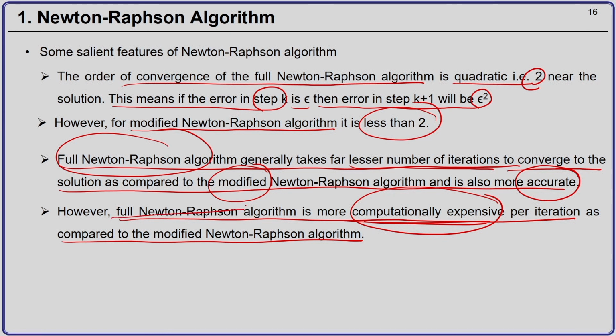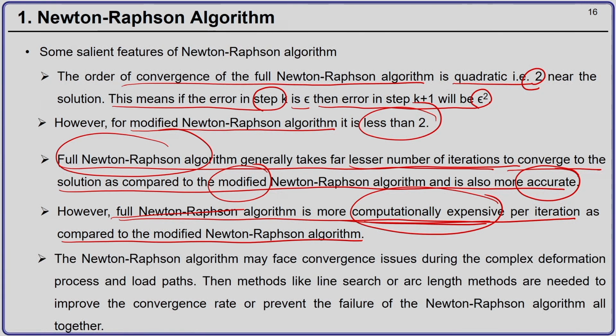So, there is always a trade off whether to use full Newton-Raphson or modified Newton-Raphson. There are strategies where once we find the convergence has slowed down, we can in between recompute the tangent matrix to accelerate the convergence. Okay. They are called hybrid Newton-Raphson algorithms, which are in between full and modified Newton-Raphson algorithm.